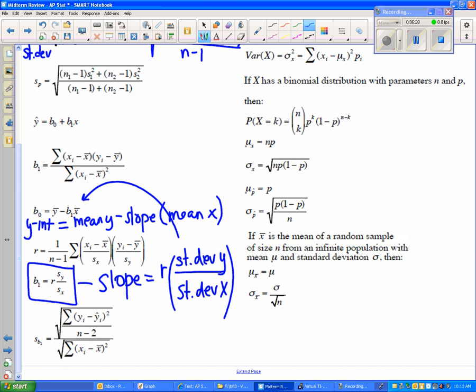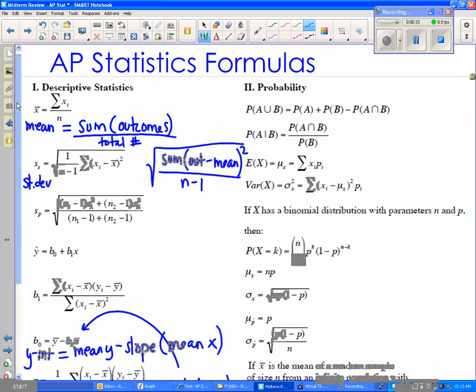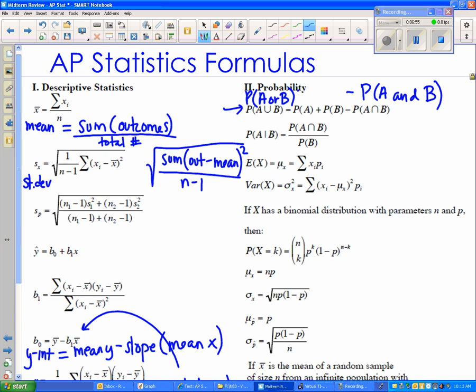Some other formulas that we've used are the probability formulas. I'm going to continue to leave the probability rules up at the top of the board in my classroom. But the ones that are given to you, this is our union. This is A or B. And remember, the general formula requires that you add A plus B, or the probability of A plus the probability of B, and subtract the probability of A and B. Now, the probability of A and B is dependent on whether or not the outcomes are disjoint, independent, or neither.